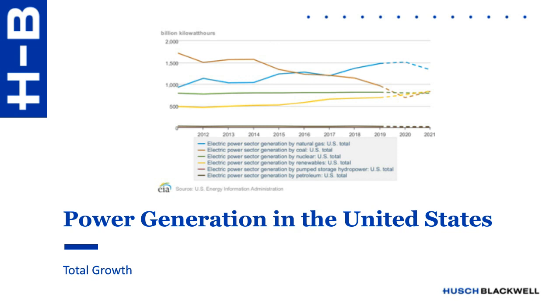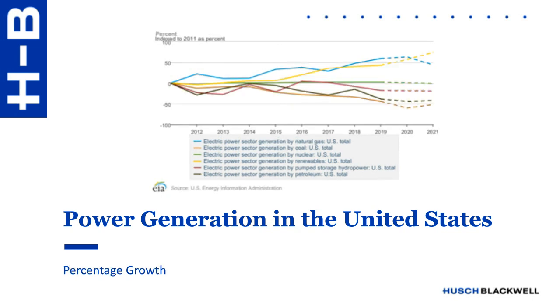This next slide then shows each one of those sectors, but by percentage growth since the beginning of 2011. And there, the blue line again represents natural gas, which has had nice healthy growth, but the yellow line there is renewable energy.